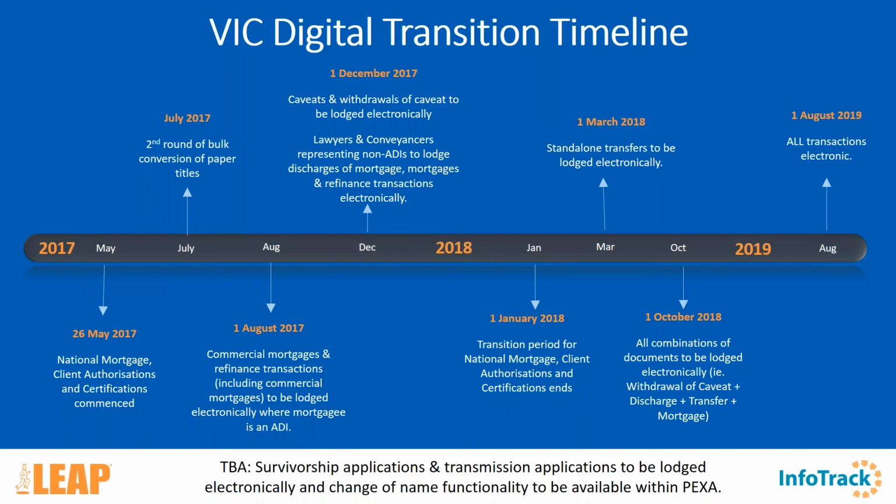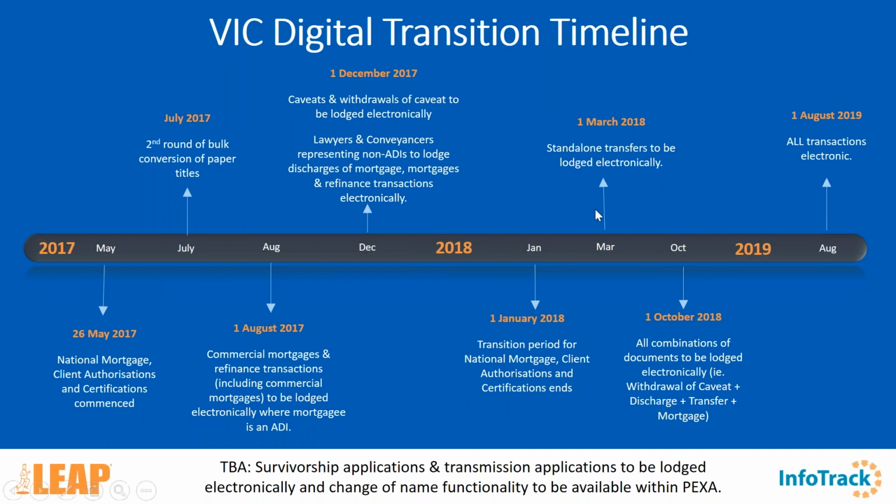One of the main parts of the presentation was the timeline of the Vic digital transition and everything becoming digital, and what are the key dates that the legal and conveyancing industry need to know about, need to be aware about, and need to be prepared for. So just have a look at some of those key dates, which will tie in very nicely into eConveyancing and how LEAP are providing a solution for you to be able to comply with the requirements coming up.